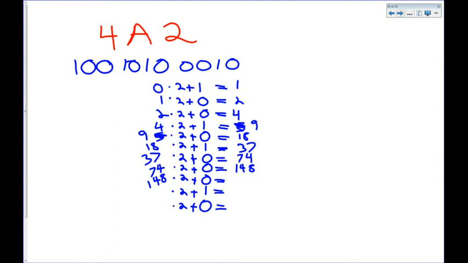What is it? 296. We get a calculator. 592. That can't be right, because you didn't add the 1. 1,186.